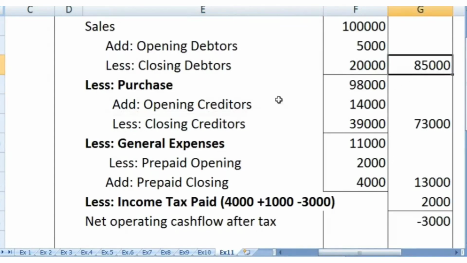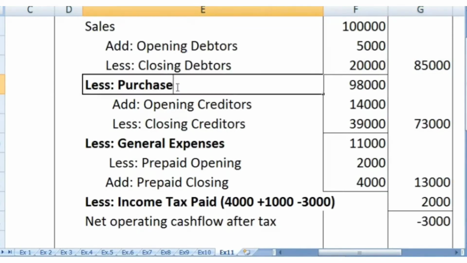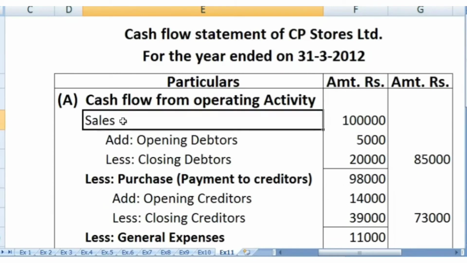Sales 85,000 is collection, less purchase means net payment to the creditors, and payment for the general expenses, and payment for the income tax. Purchase means payment to creditors, and sales means collection from debtors. Clear?